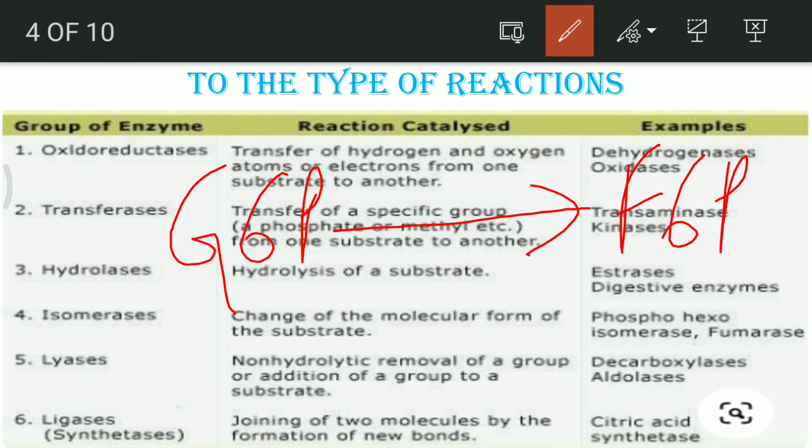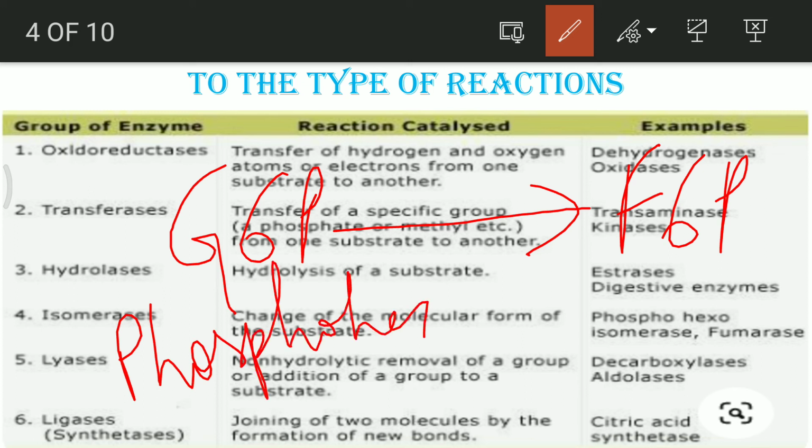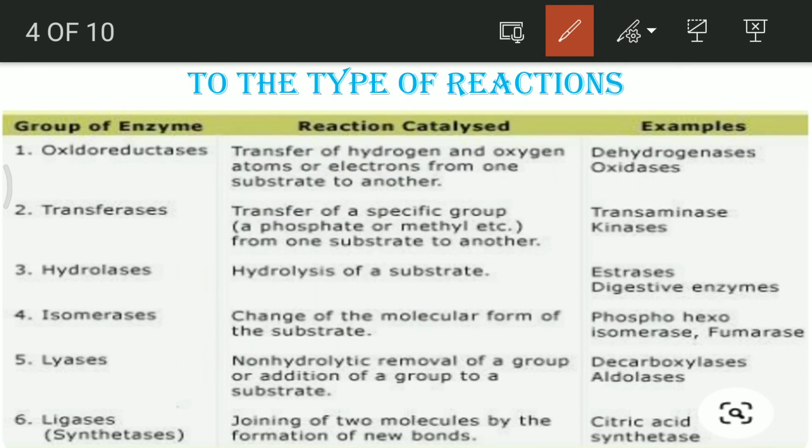Just the conformation is getting changed, they are forming isomers of each other. And over here there is presence of an enzyme which is known as phosphohexoisomerase. So phosphohexoisomerase helps in conversion of glucose 6 phosphate into fructose 6 phosphate. This is something which we have to remember, and it's an isomerization reaction. Just the rearrangement of molecules is going to take place. Nothing else is occurring at all.